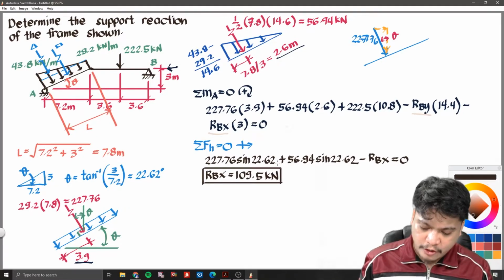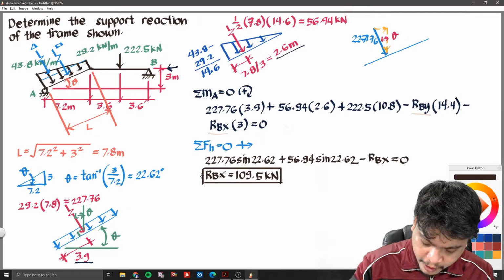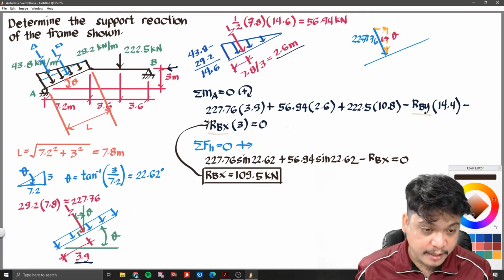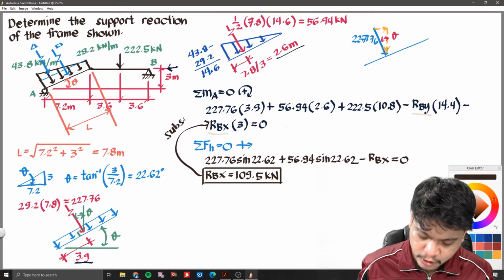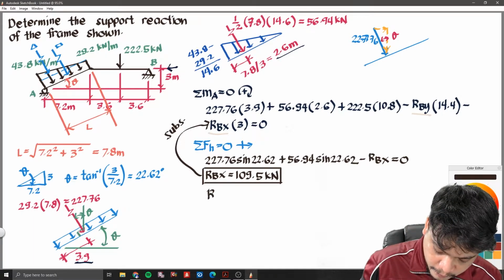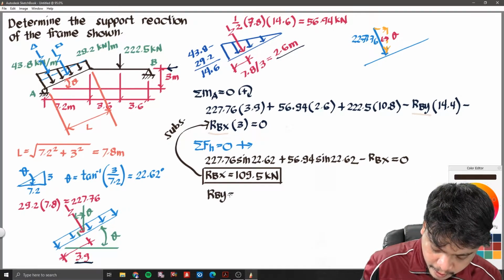Okay? So, meron na ako ngayong isang horizontal reaction from the B. Alright. So, ito, pwede ko na ngayon siyang i-substitute. So, we can now solve for the RBY. Okay.